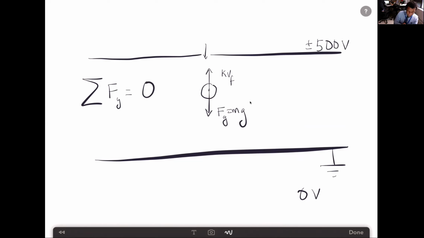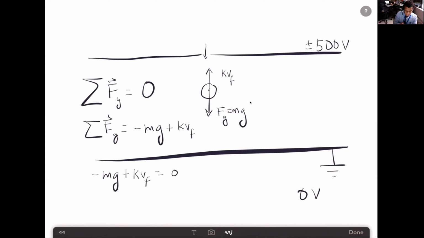So here we go. We have two forces acting. So the summation of forces and their vectors. We have y, it's going down, so this is a negative mg. We don't need to put any special notation because we've placed a negative sign in, plus k v_F. And we know that this is just equal to 0.